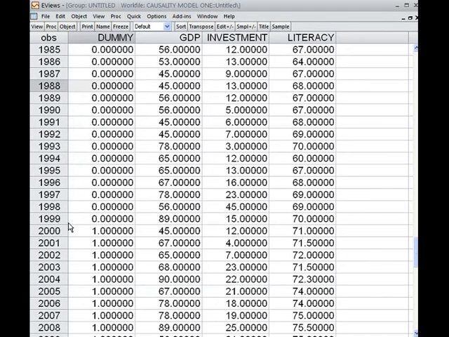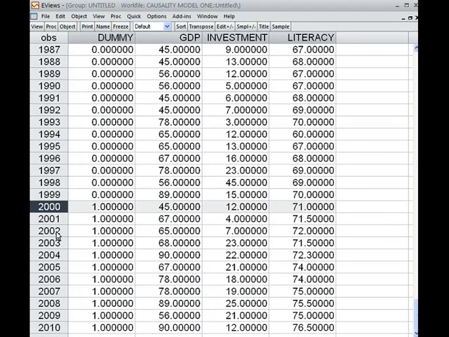Okay, but after 2000, Maria Land became a welfare state country. That means Maria Land converted into a welfare state by constitution, and that starts from 2000 until 2010.